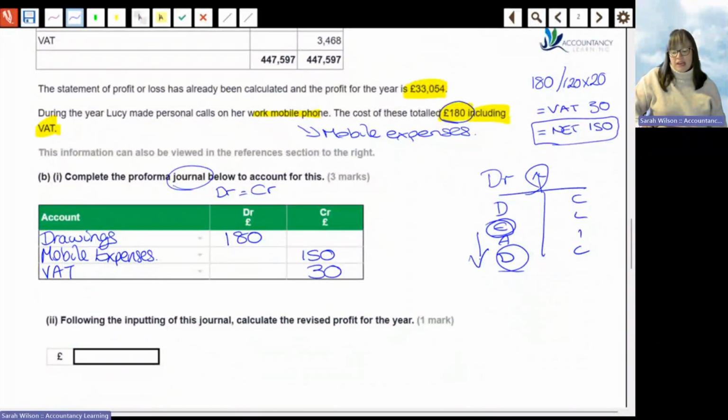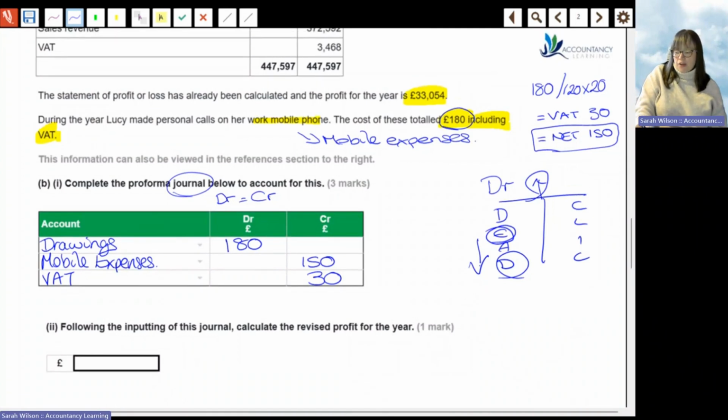Then we're told to, following the input of this journal, calculate the revised profit for the year. So the original profit we had is given to us in the question, 33,054. So how are we now going to account for that when we deal with the mobile phone expenses?